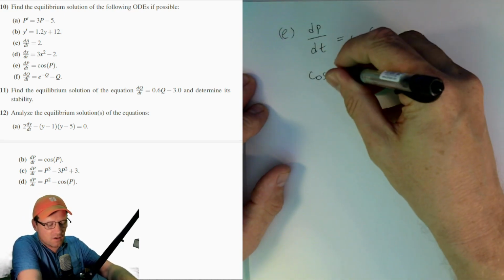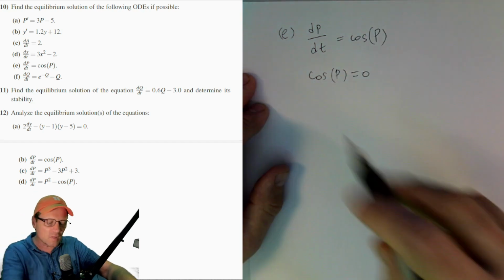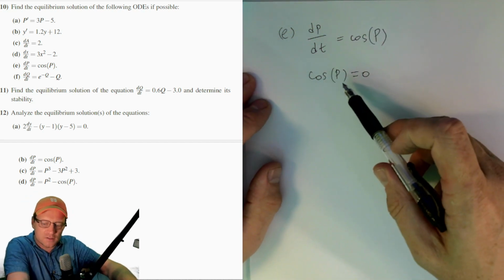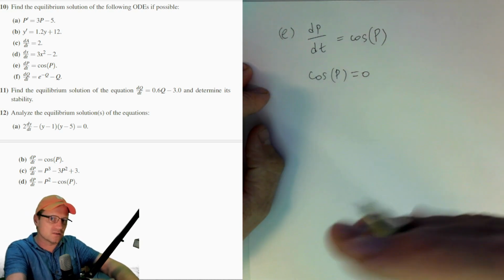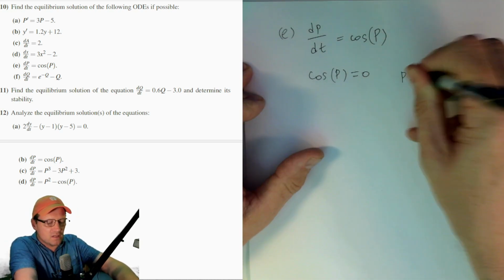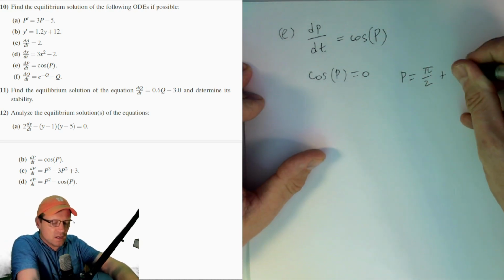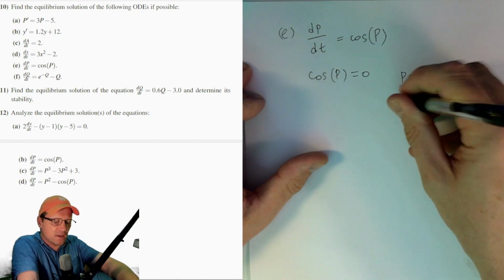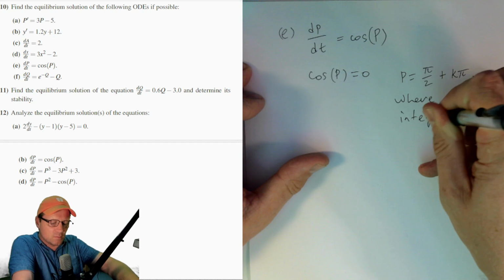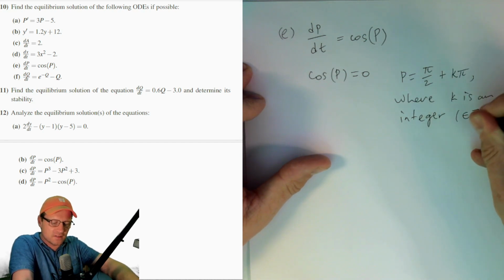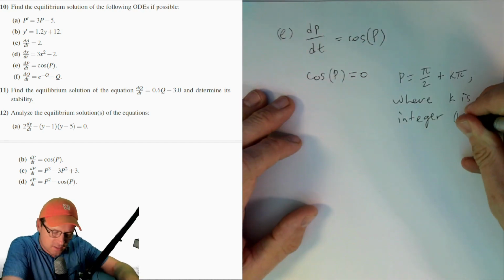So cos of p is 0. Well, if p is equal to pi on 2, then we get 0, but it's actually pi on 2 plus all integer multiples. So p is pi on 2 plus k times pi, where k is an integer, whole number. Could write k is an element of the set of integers.